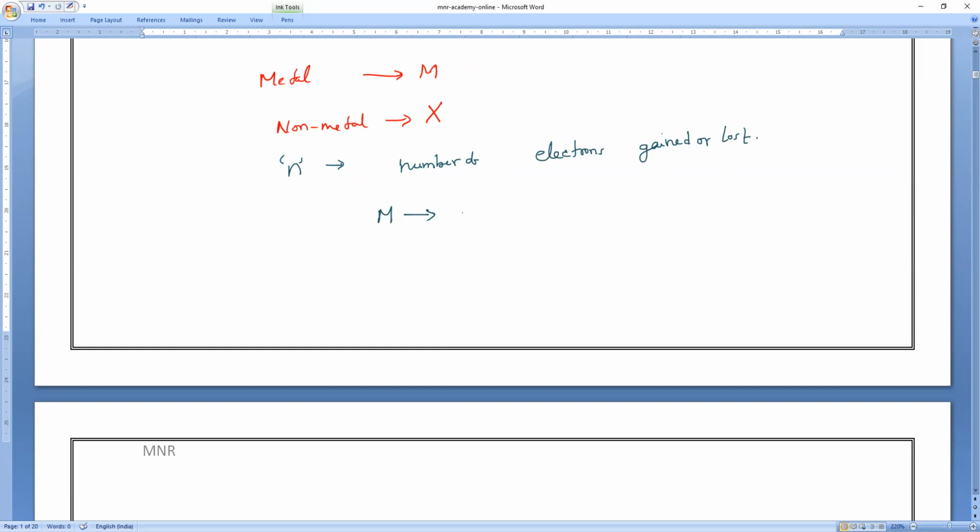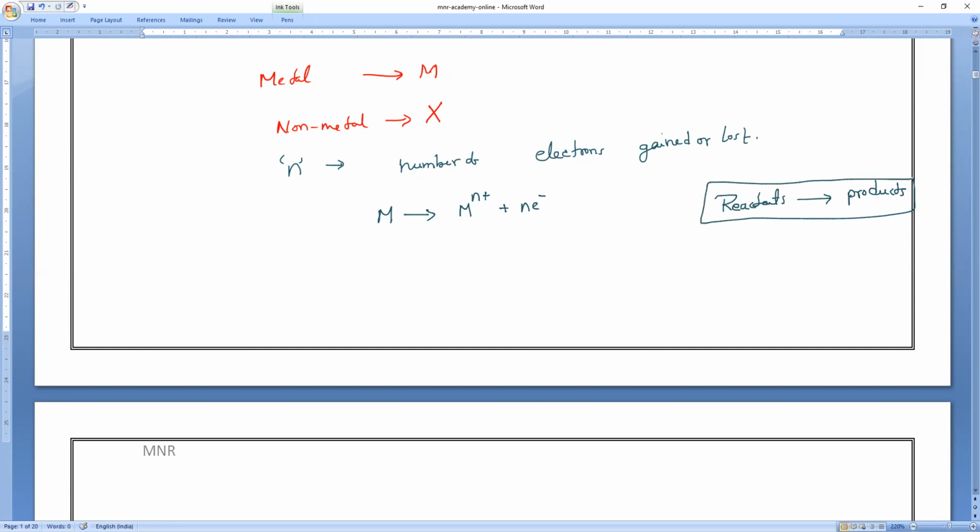Now first, how is the ionic bond formed? Metal M will lose the electrons or gain the electrons? Lose electrons. Keep in mind, basically all people know a chemical reaction: reactants equals products.